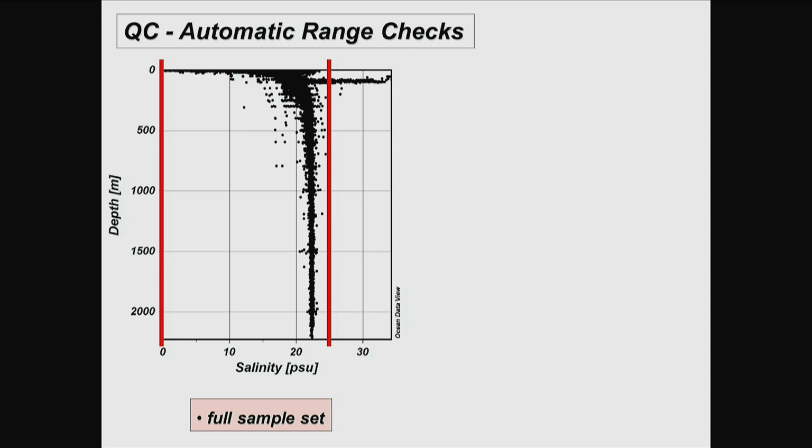So for every parameter, like for instance salinity here, you can say, please scan all the salinity values and everything outside an interval that you can specify. You can specify the valid smallest or largest value. Anything outside will be listed, and then you can do something with them, like flagging them bad.